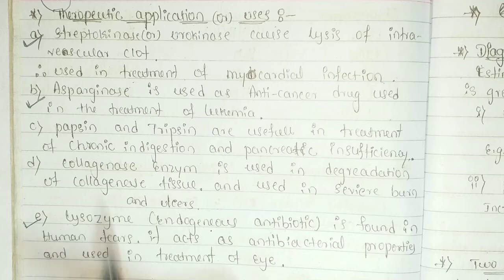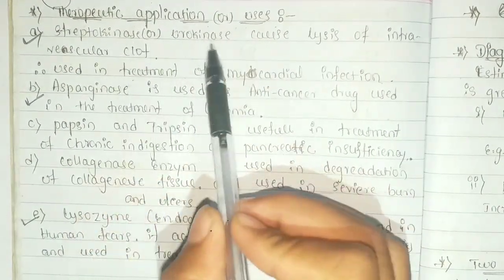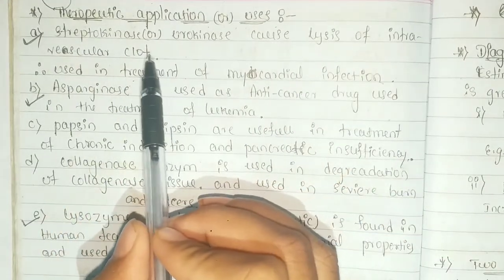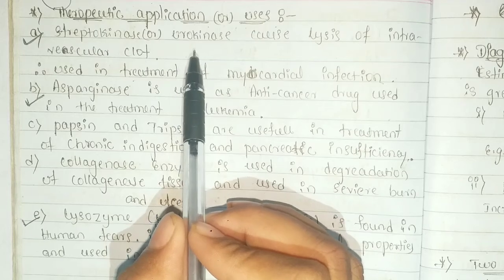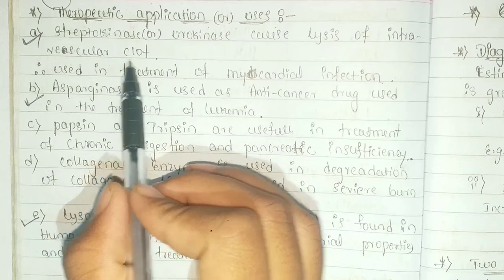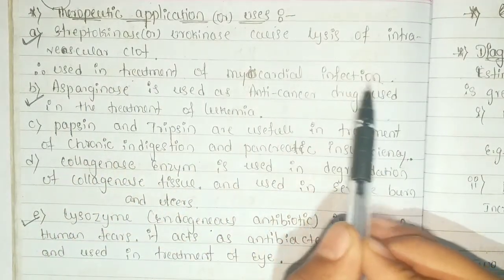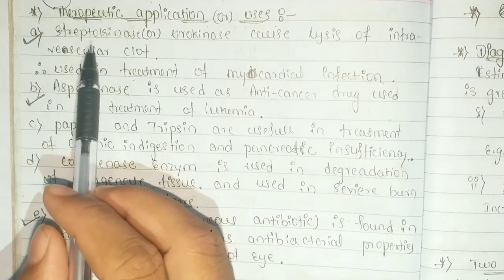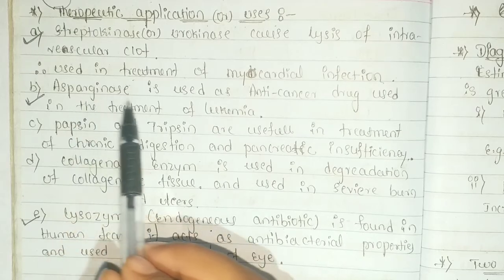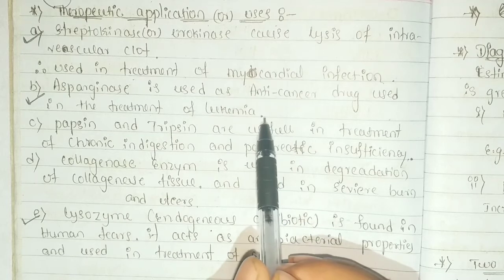The second topic is therapeutic applications or uses. Streptokinase or urokinase causes the lysis of intravascular clots. These two enzymes cause the breakdown of intravascular clots, and they are used for the treatment of myocardial infarction. This is the first use. Second, asparaginase is used as an anti-cancer drug in the treatment of leukemia.